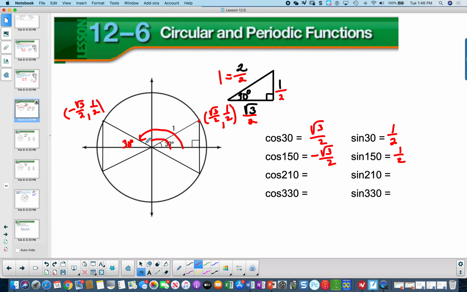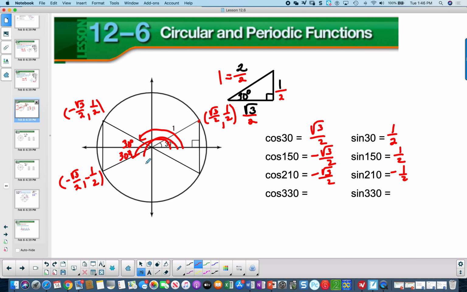If we make the angle 210 degrees, and again the reference angle is still 30, we're still working with that same 30-60-90 triangle. The long leg is -√3/2, that x-coordinate, and the height, or the y-coordinate, is going to be -1/2. Why are they both negative? Because they're in the third quadrant. -√3/2, -1/2.